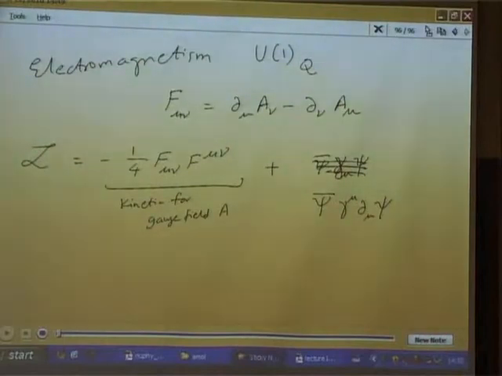So this term is the kinetic term for the fermion.